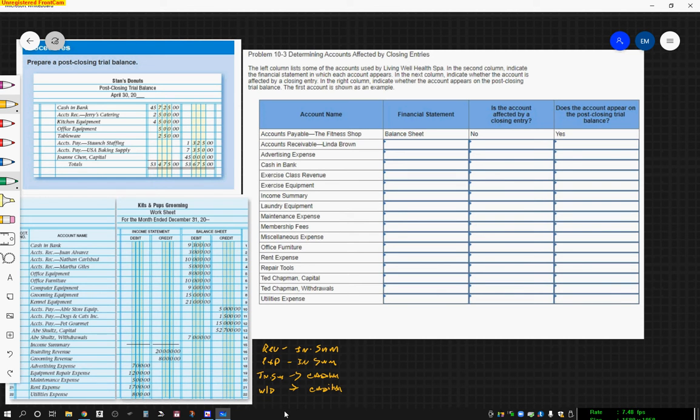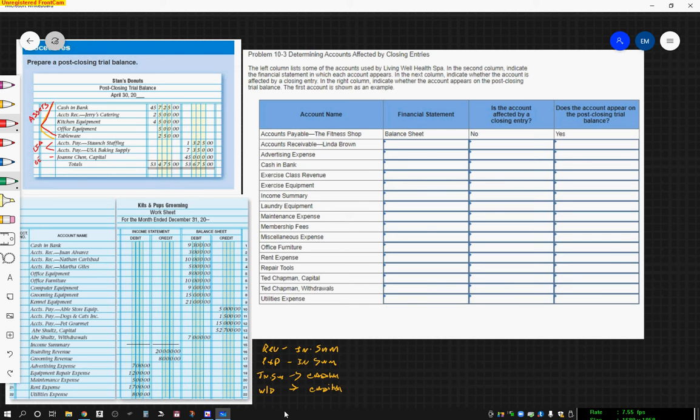So we have our assets, we know our liabilities, two payable accounts, and we know we have our owner's equity. So here's assets, liabilities, and owner's equity.